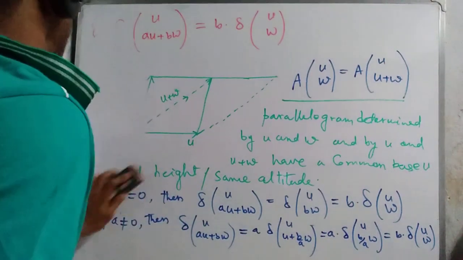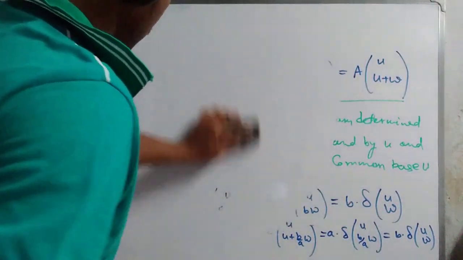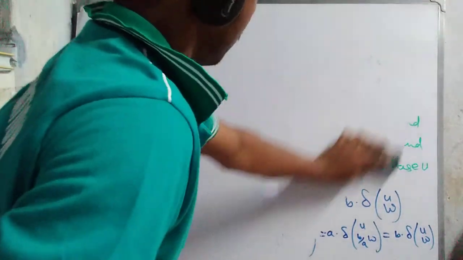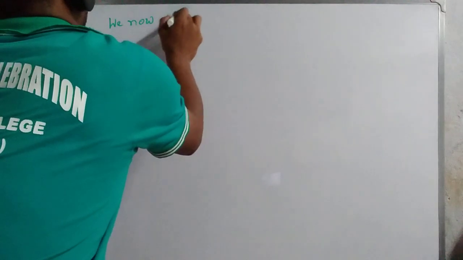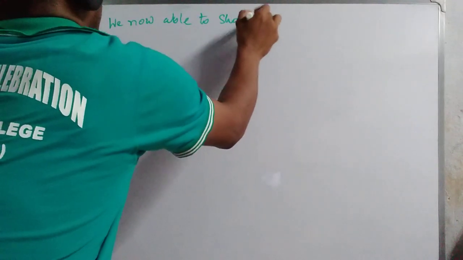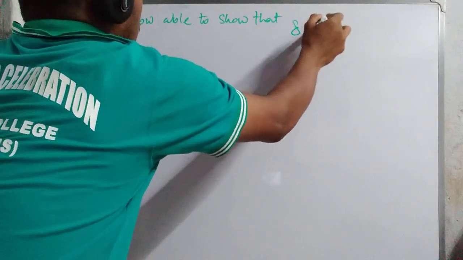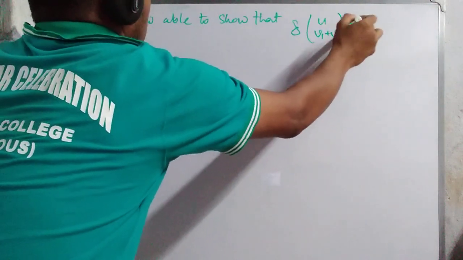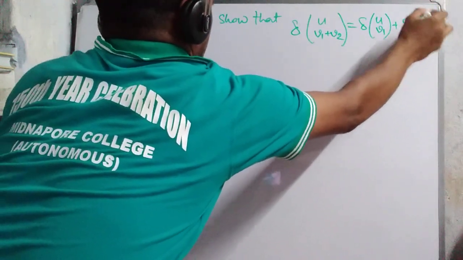We erase that portion, and then we are now able to show that delta u v1 v2 equals delta u v1 plus delta u v2.